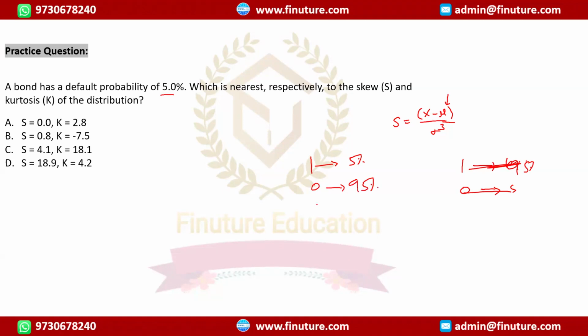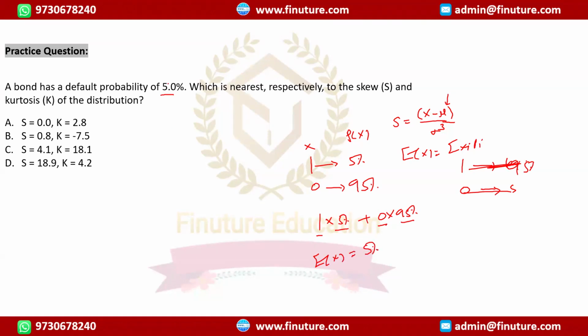So this is x, this is probability of x. If I calculate this, it is 1 into 5% plus 0 into 95%. Like I said, the expected value would be the summation of xi pi. So this is your x, this is your pi. My expected value, or mean, would be 5%.